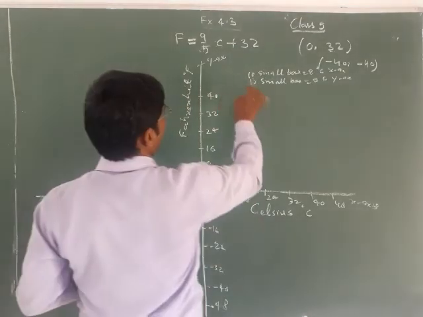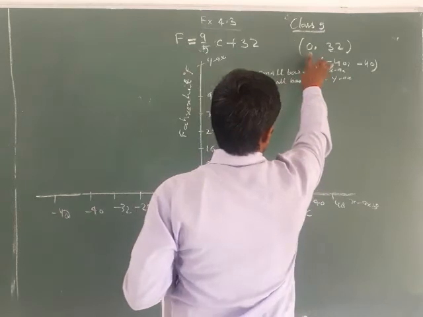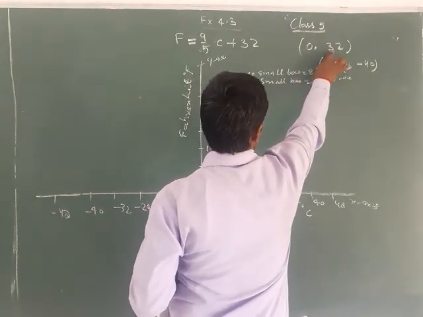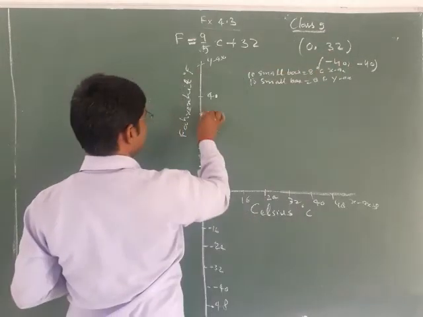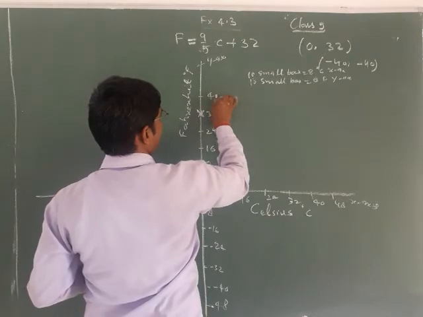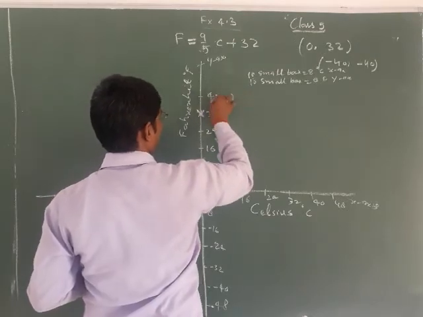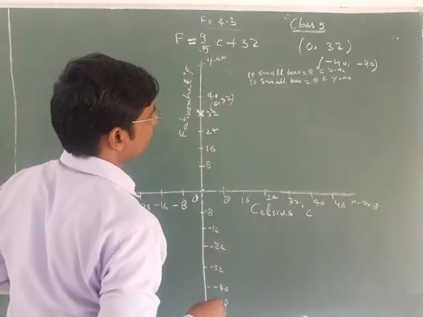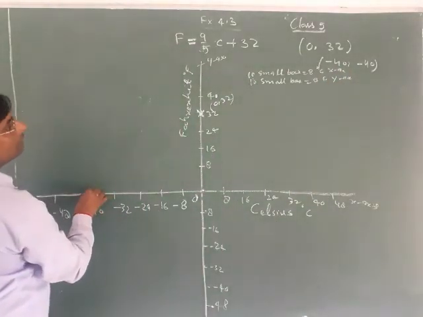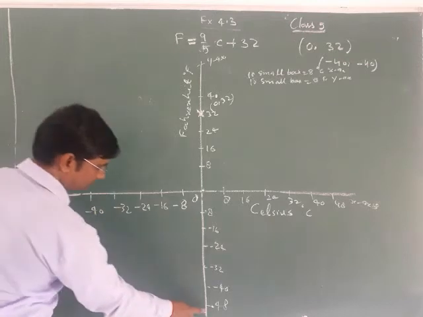So when x is equal to 0, then y is equal to 32. So this is 32. So 0 comma 32. And when x is equal to minus 40, y is also minus 40.